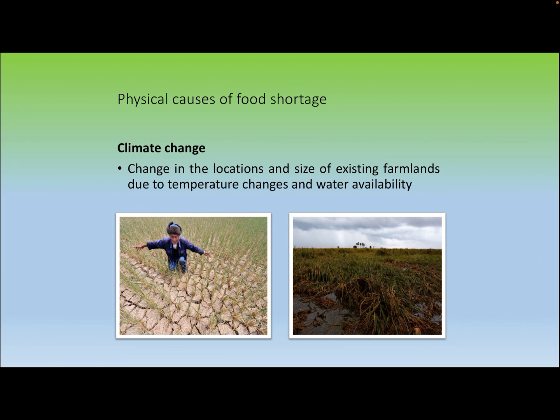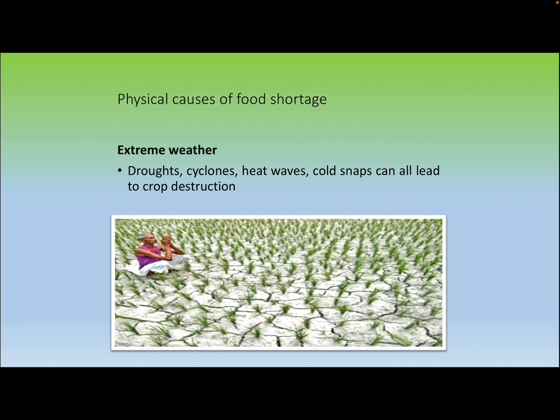So when you have temperature change, water availability change, and certain areas getting flooded by the sea, you are no longer able to plant what you could in the past. Okay, extreme weather, droughts, cyclones, heat waves, all these can lead to direct crop destruction. So imagine your rice plantation is almost ready to harvest, and your country is hit by a typhoon, which plots a path across your entire rice plantation.